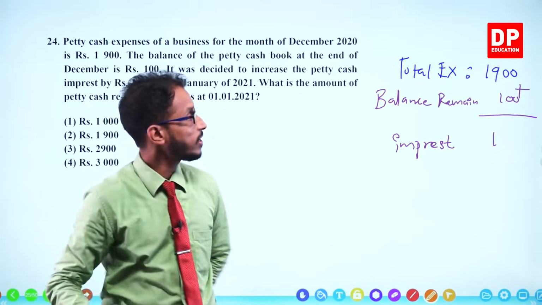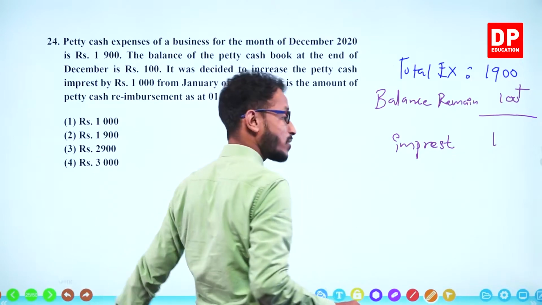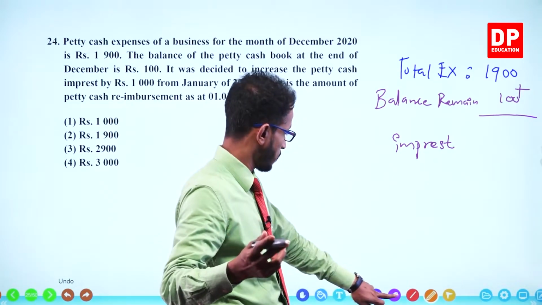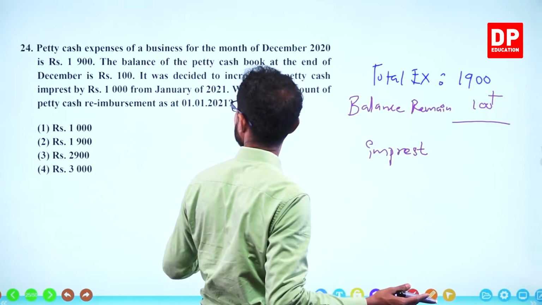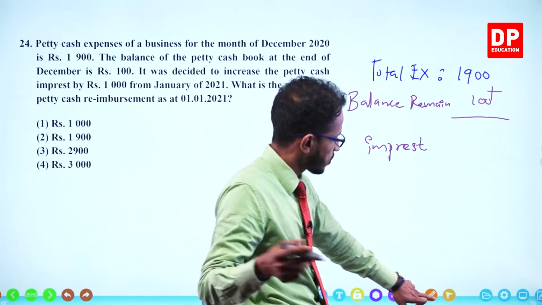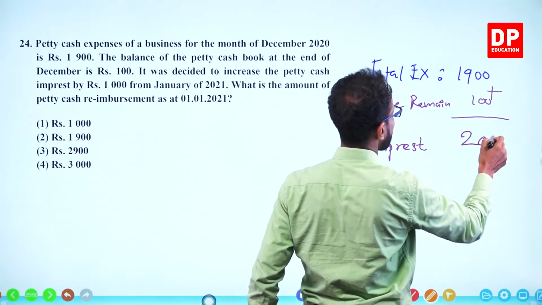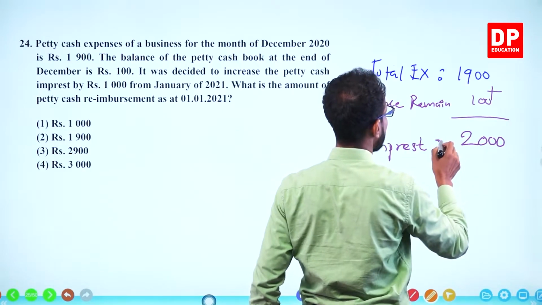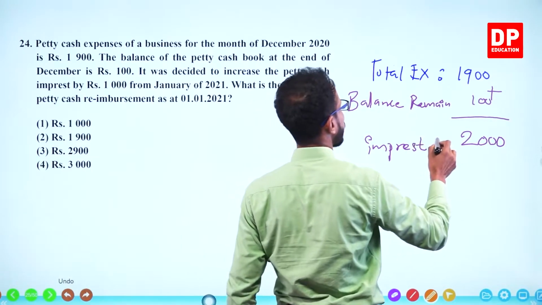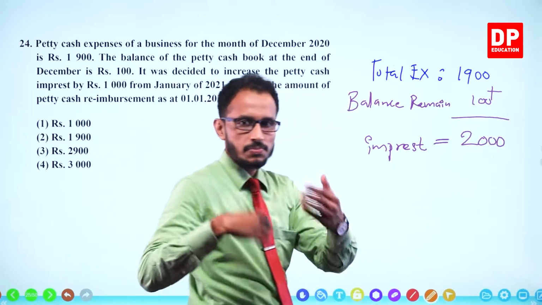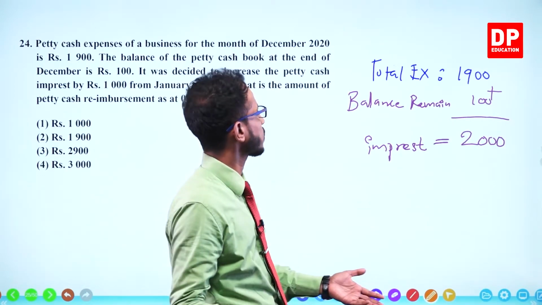You understood how I did that now, isn't it? Simple things. The imprest is the total amount given to the petty cashier, the float, to make his petty cash payments for the month.